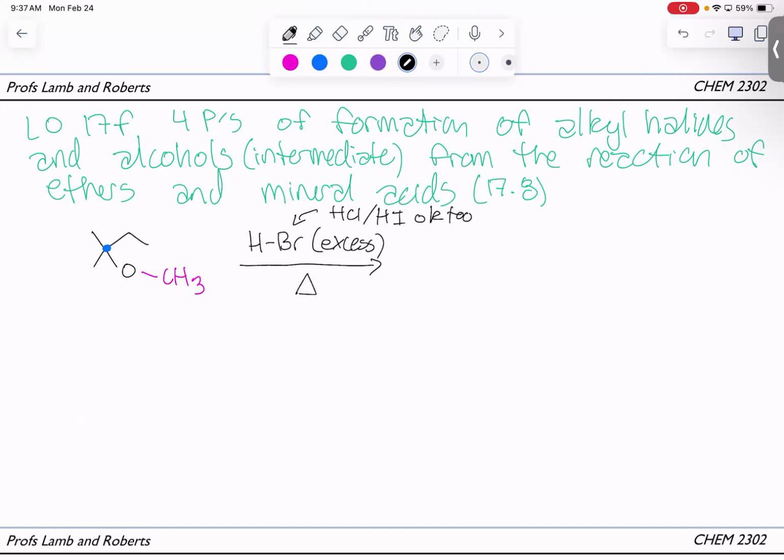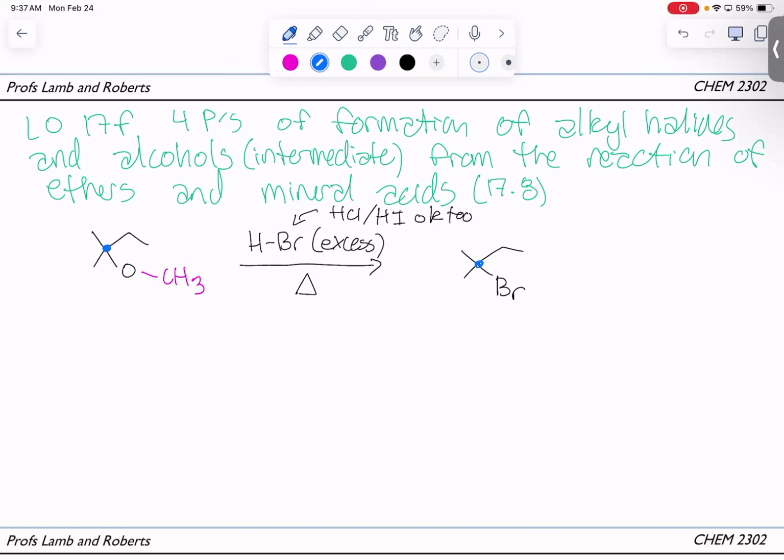And we're going to heat this. At the end of the day, the product that we're going to get out is going to be an alkyl halide with the halide that came from our mineral acid. All right, so if I use HCl, that would end up as an alkyl chloride.